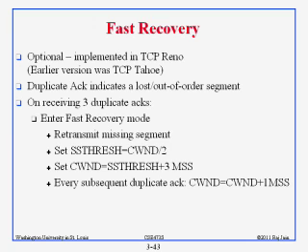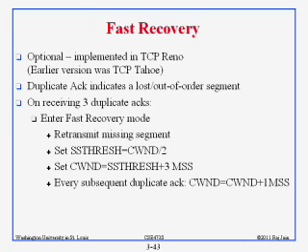That less aggressive thing says that when you get 3 duplicate acknowledgements, not 1, you retransmit the missing segment, set the threshold to half, but you set the window to that threshold plus 3. So you don't go to 1, you just go to half plus 3.